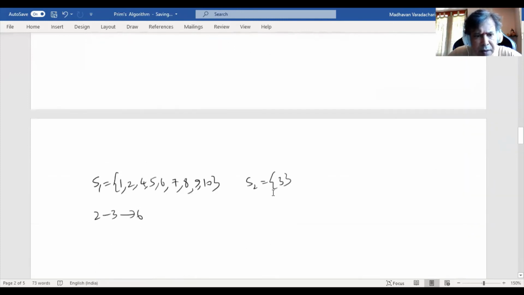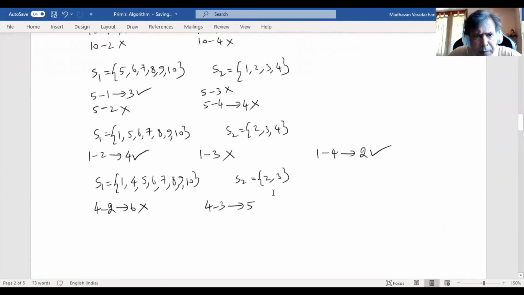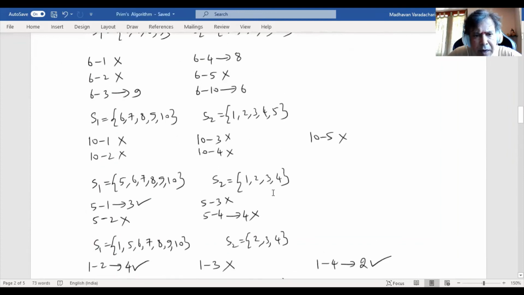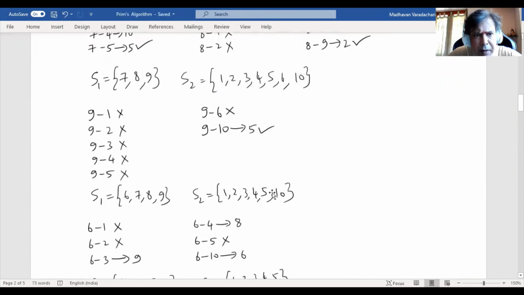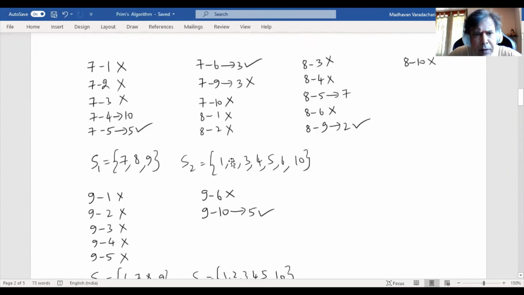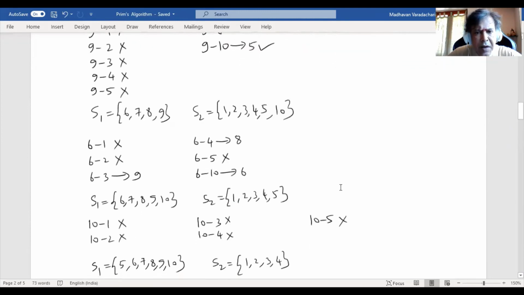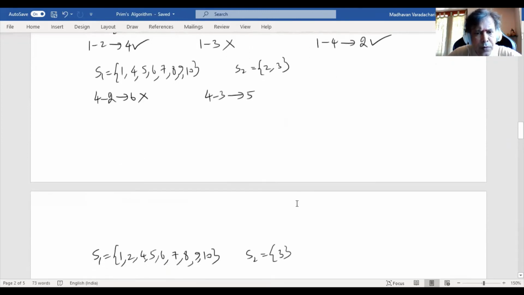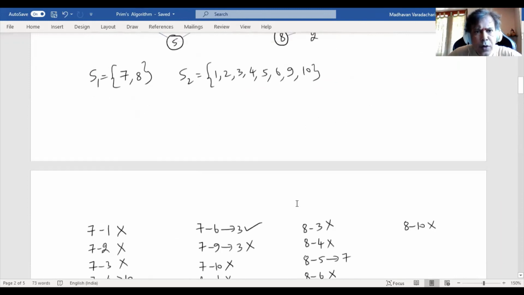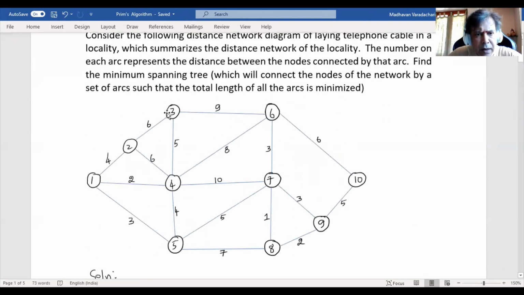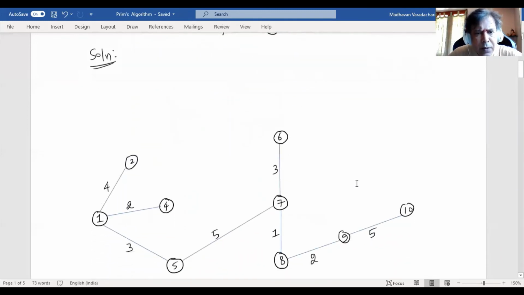Anything else with 5? We have to check. Weight 5. No, only one weight 5 is there. That is from 4 to 3. Now 4 to 3, where 3 is located, here it is located. I can draw 3 here. 4 to 3.